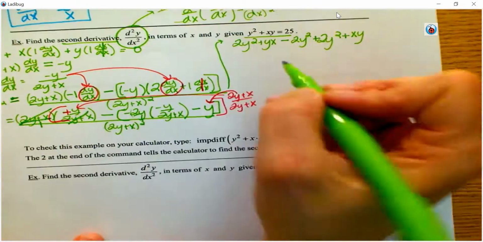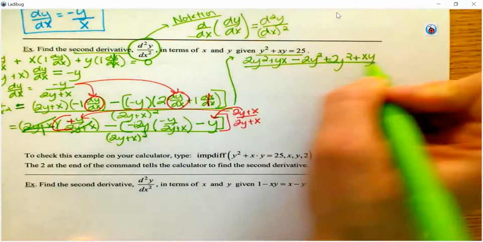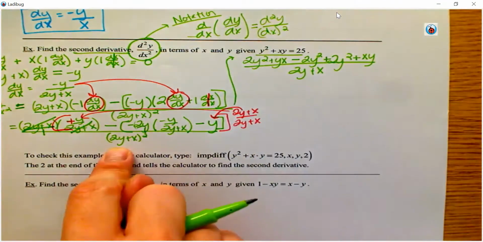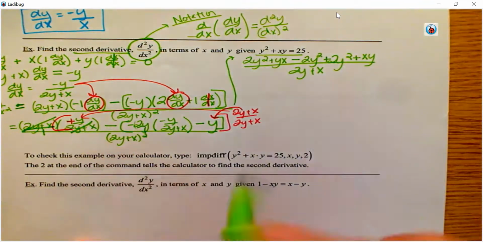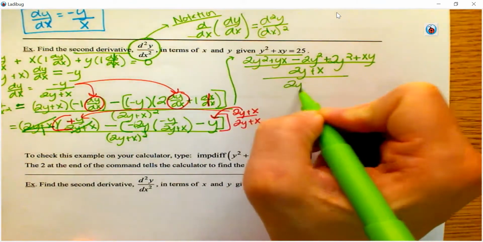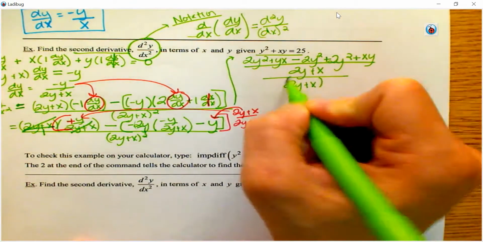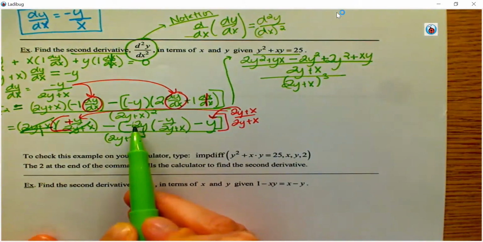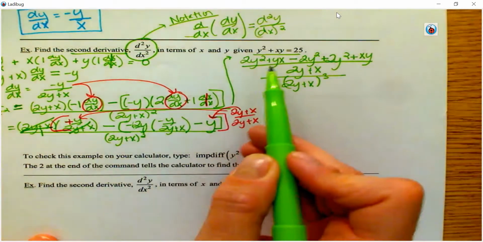And this is all over the 2y plus x denominator, which again is all over the 2y plus x cubed. So it's a mess right now. Wait, what happened to the 2y in front of this here? Yeah. I just took the 2y times the y, which gave me the 2y squared.